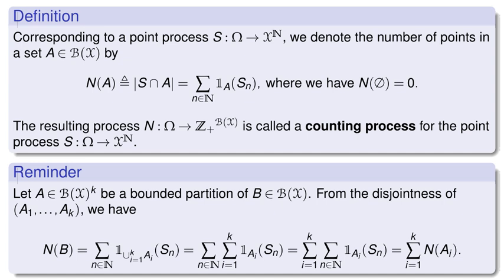This can be rewritten as the sum over n in N of the sum from i equals 1 to k of the indicator that S sub n is in A sub i.